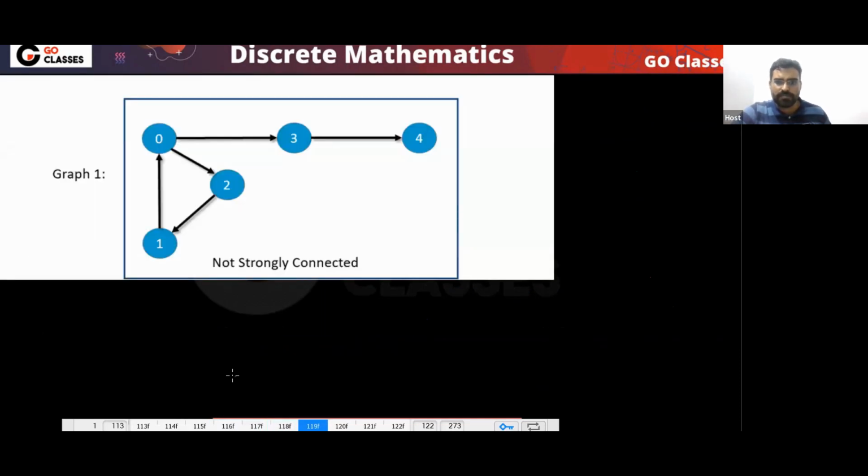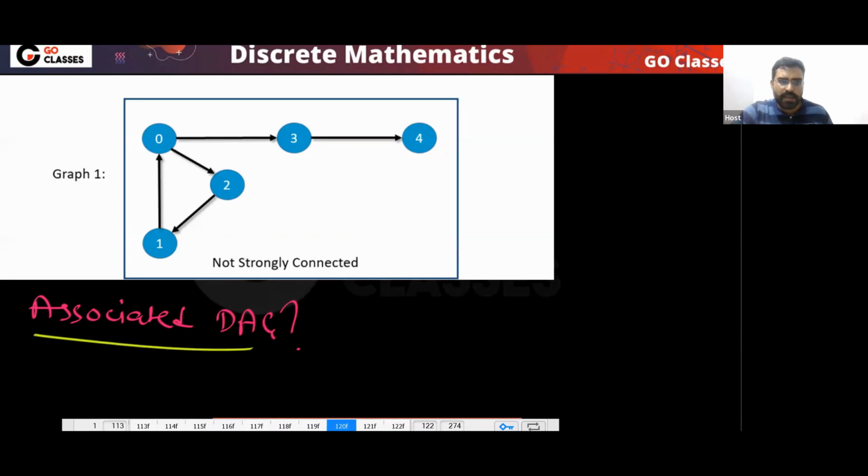Let's see this question. Find the associated DAG. Don't worry, I will answer all your doubts, but find the associated DAG. So what will that be? Very simple.